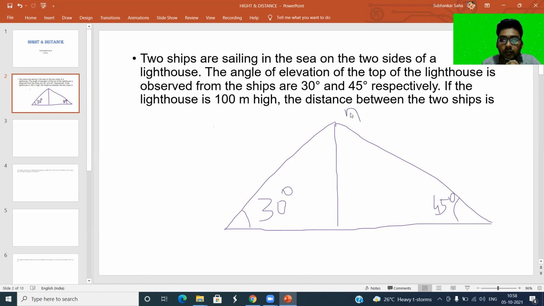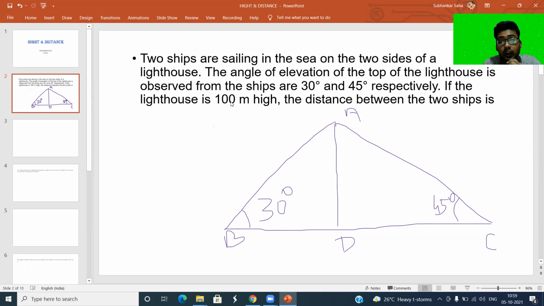Let it be A, B, C, and D. It is a lighthouse, and these are two ships. Angle of elevation 30 degrees and 45 degrees.